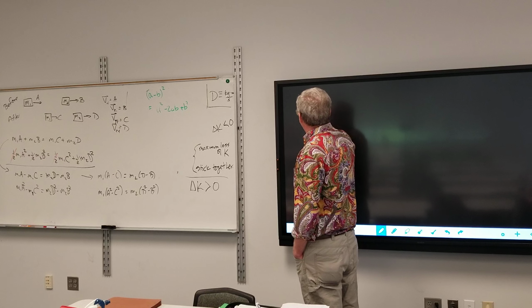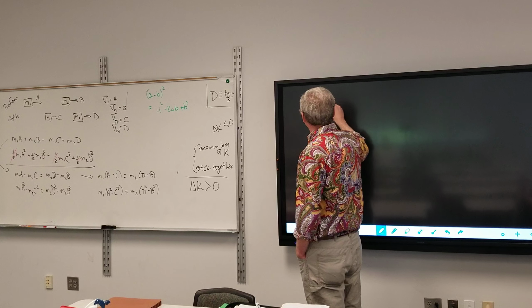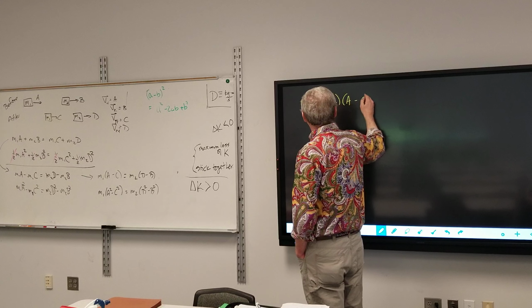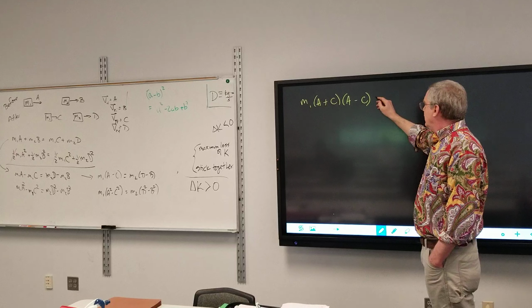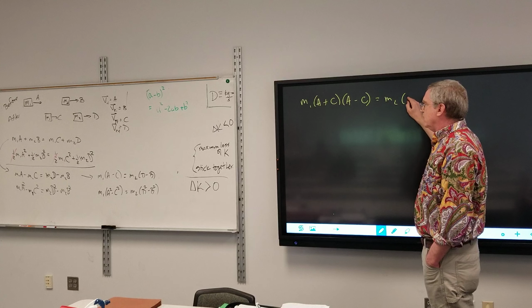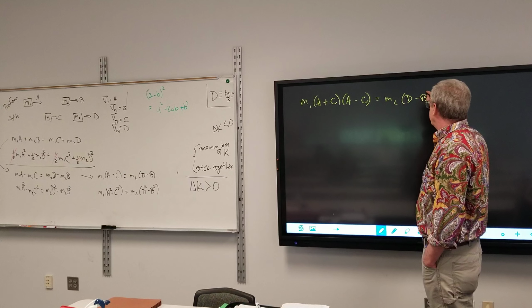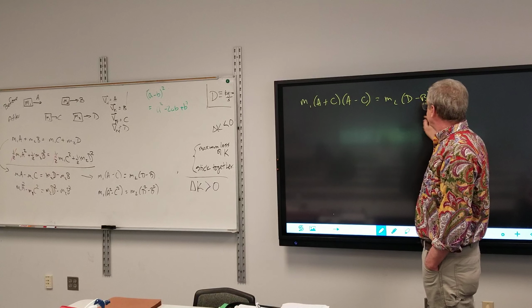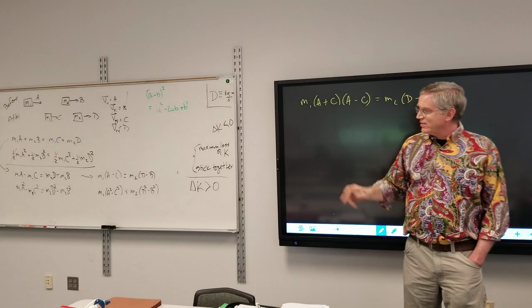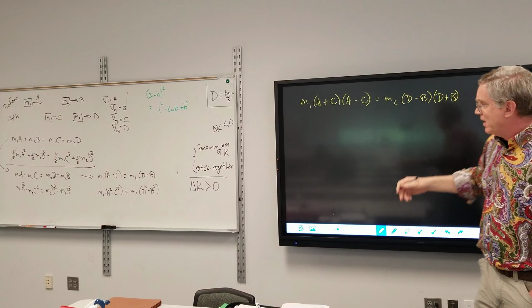So I got M1, (A plus C)(A minus C). If you FOILed that out, you'd get A squared minus C squared. And that's going to be equal to M2 (D minus B)(D plus B). So that second equation ultimately comes down to this.